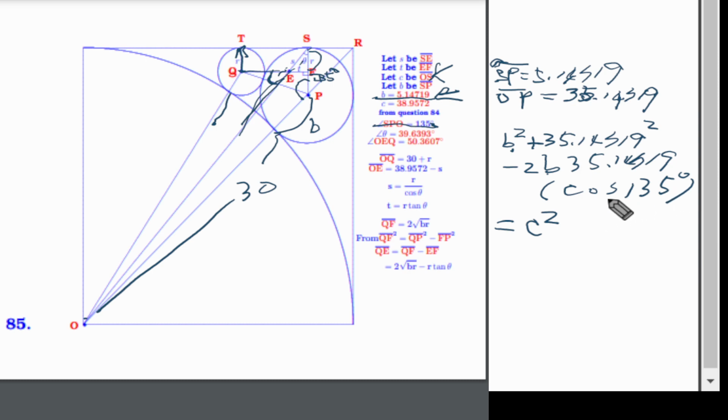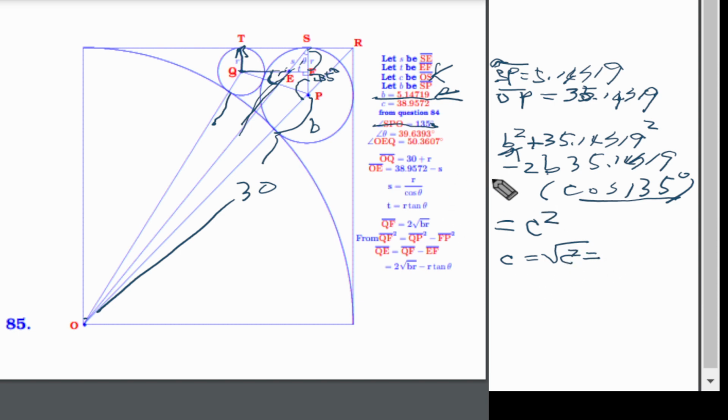Using a calculator, you can get the value of cosine 135 right away. We replace the value of B by 5.14719, then you can get the value of C squared. After that, you get C, which of course is the square root of C squared, right?